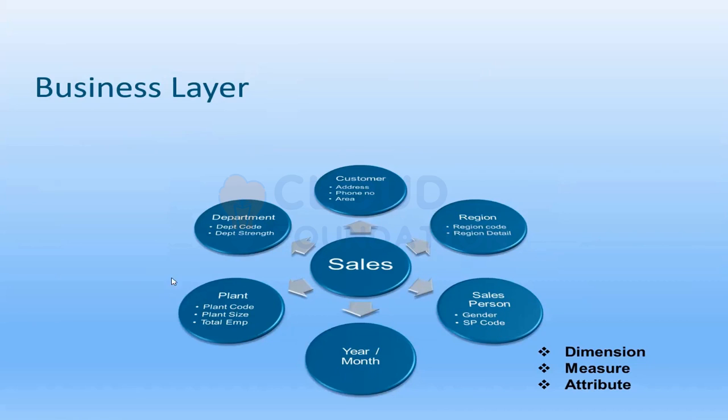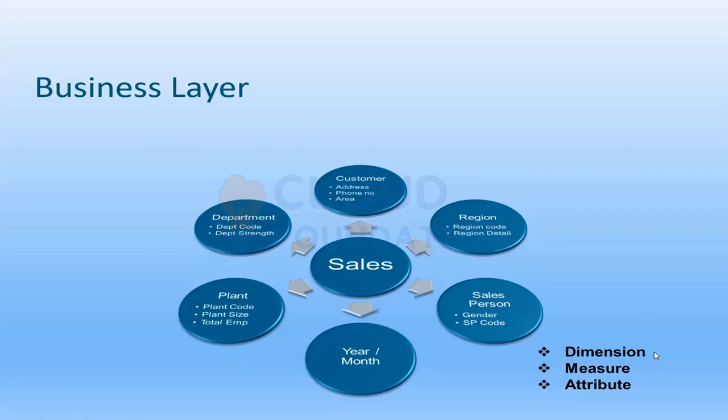If we are creating a plant class there, it has information like plant code, plant size, total employees, department code, department strength. These are all part of the business layer. We will create all these objects so that we can consume them in the reporting layer to show a meaningful report.